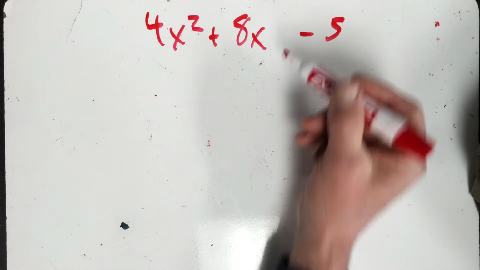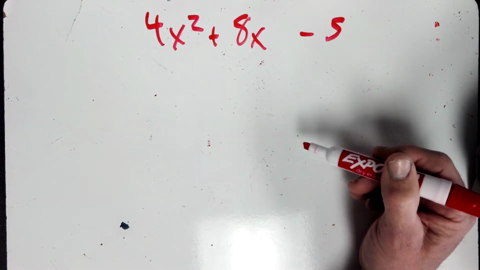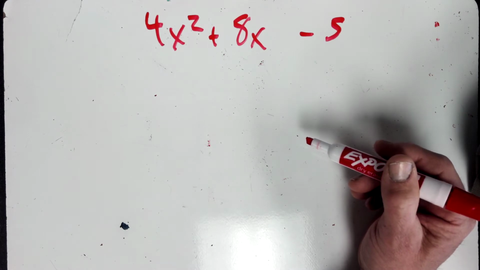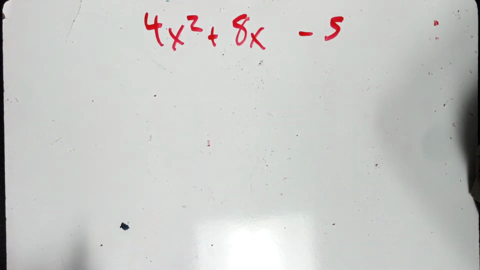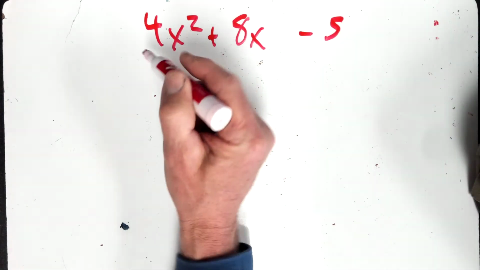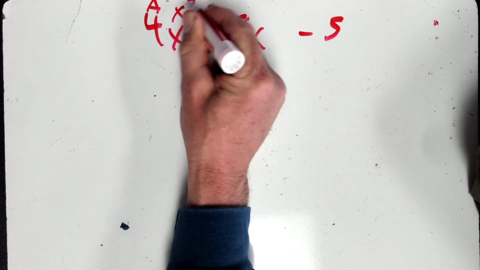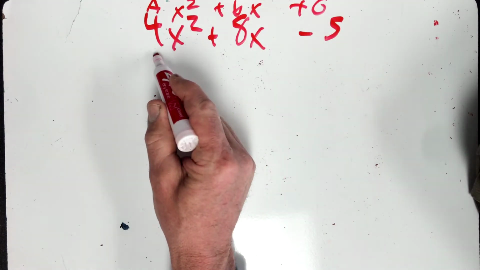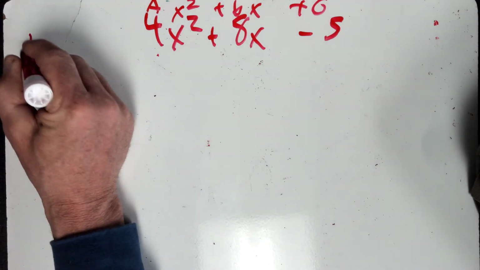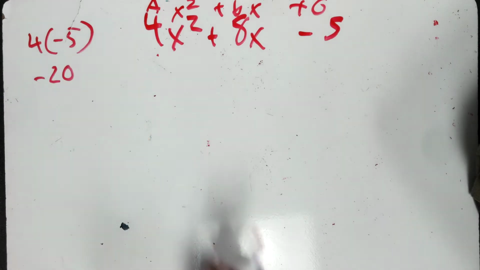And so in order to figure out what this needs to be split up into, what we're going to do is multiply a times c, remembering that this is ax squared plus bx plus c. So 4 times -5 is -20.